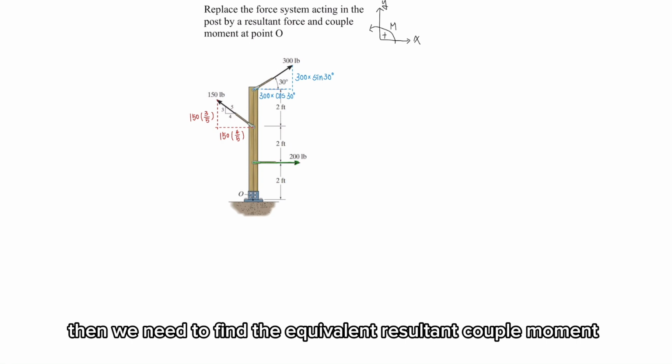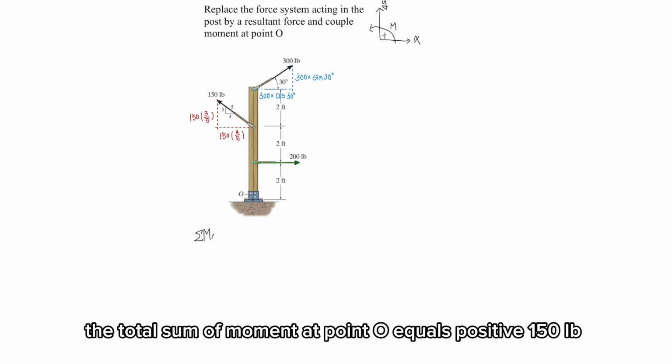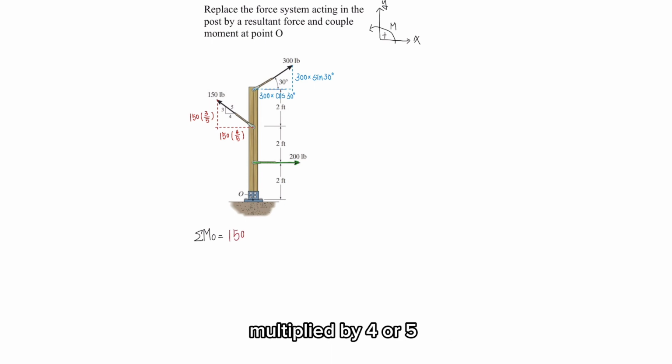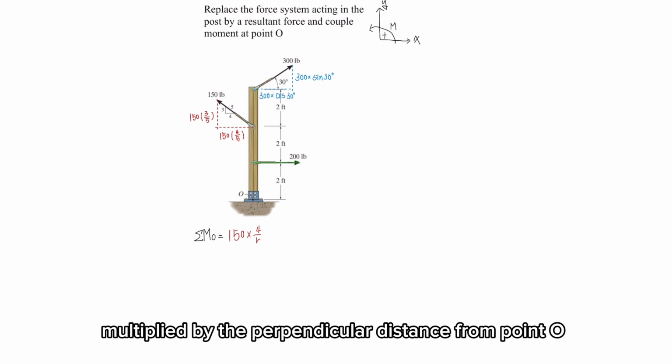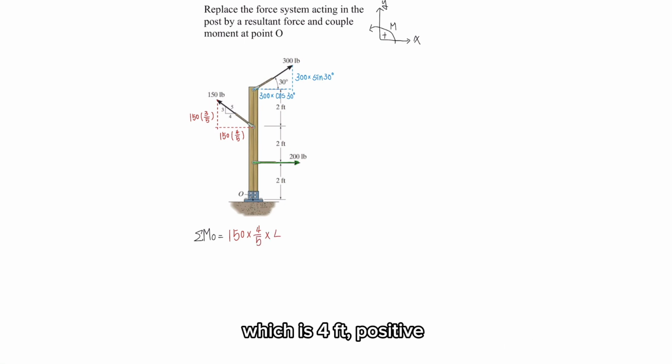Then, we need to find the equivalent resultant couple moment. The total sum of moments at point O equals positive 150 pounds multiplied by 4/5, multiplied by the perpendicular distance from point O, which is 4 feet.